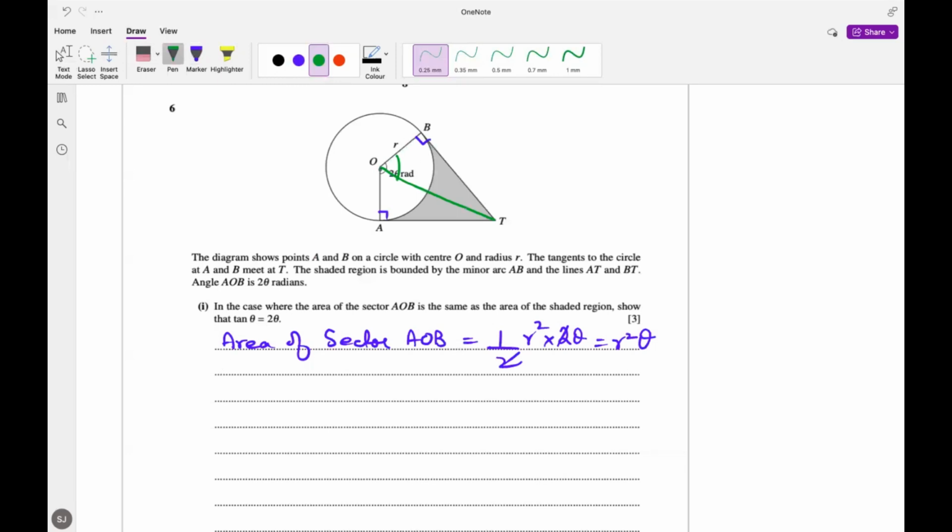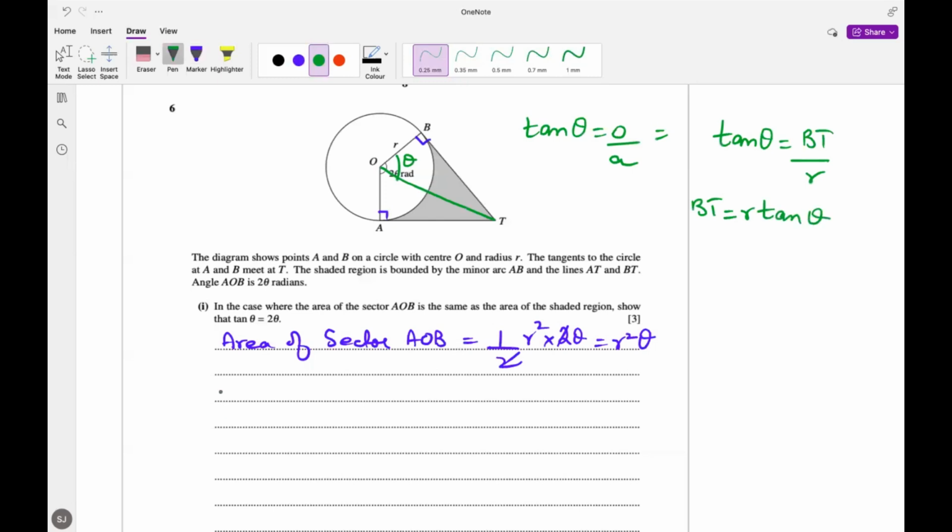We already know that this length is r. To find the length BT, we know that if the total angle is 2 theta, half of the angle will be theta. Applying tan, tan theta is opposite over adjacent. So the opposite length is BT, so we can write tan theta equals BT upon r. So the length of BT will be r tan theta.